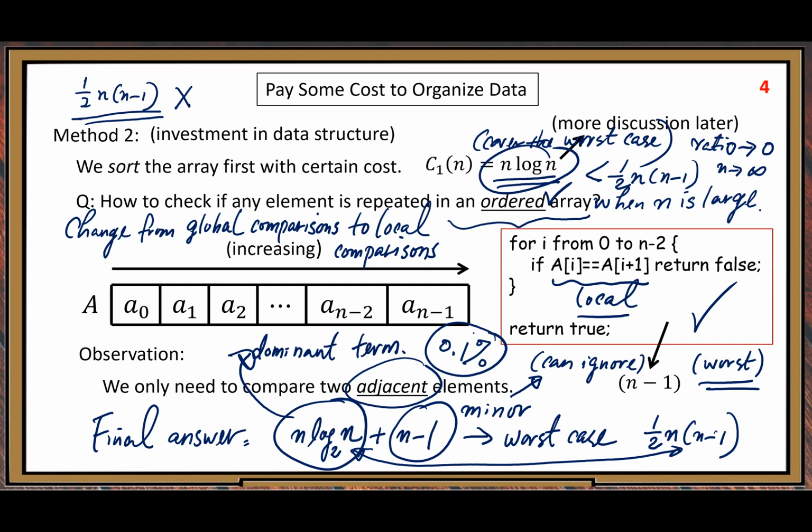Are you willing to ignore it for the comparison? That's why, because the dominant term usually dominates much more than 99.9%. So your minor term is less than 0.1%. Are you willing to ignore it?